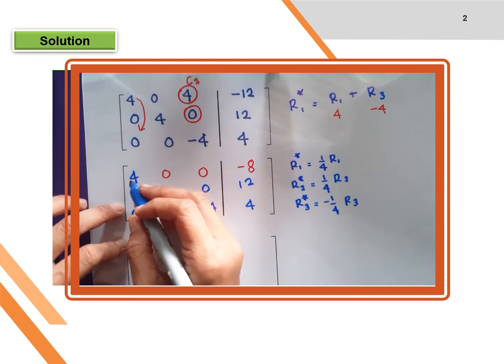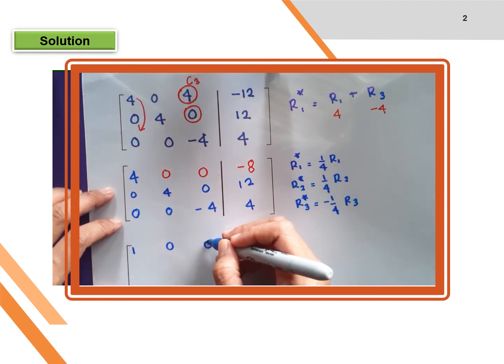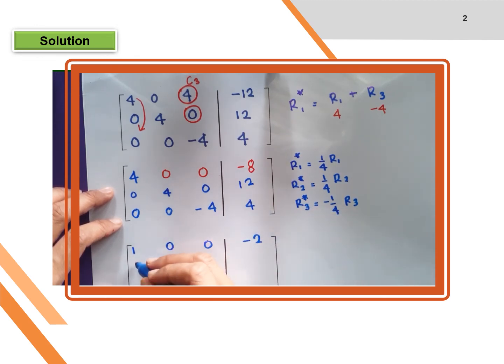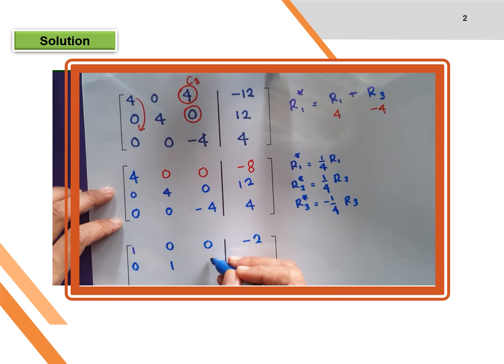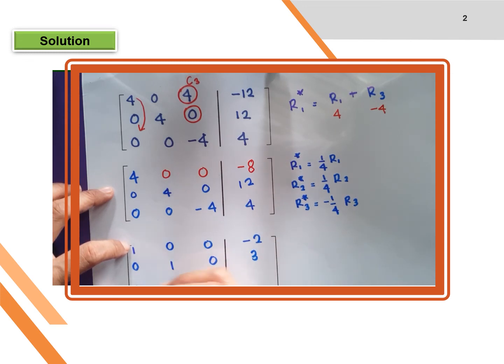And we get 4 divided by 4, 1, 0, 0, negative 2. 0, 1, 0, 3. 12 divided by 4 is equal to 3. 0, 0, 1 and negative 1.